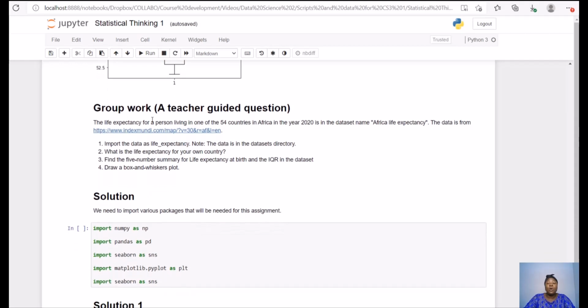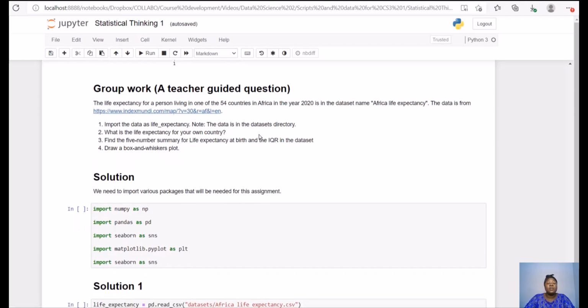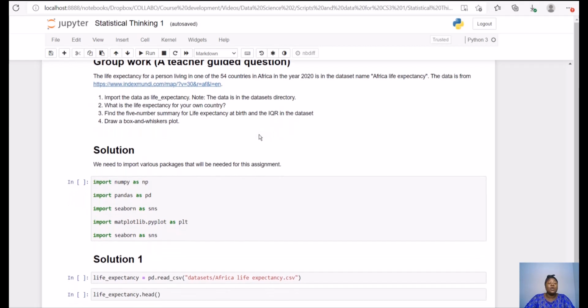So, the problem is the life expectancy of people living in one of the 54 countries in Africa in the year 2020, and the data set is named African life expectancy. You can also get the problem from this link. The first task is to import the data set.